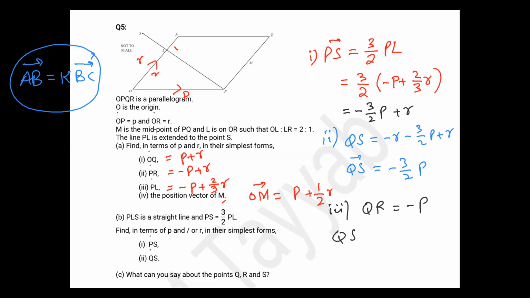I know the vector QS. First I am going to copy that vector, QS is -3/2p. I'll keep the other vector in my mind. I know QR is -p, so QS is equal to 3/2, as it is, and the minus and this p, I can replace this -p with QR. In -3/2p, the 3/2 and -p will become QR.